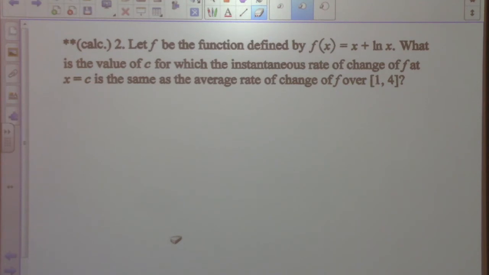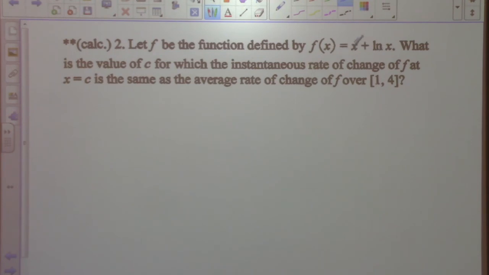Is this going to be a continuous and differentiable function? Yes. How do we know that? Because we have a natural log and an x, which is polynomial. So we have a combination of a polynomial and a natural log function.